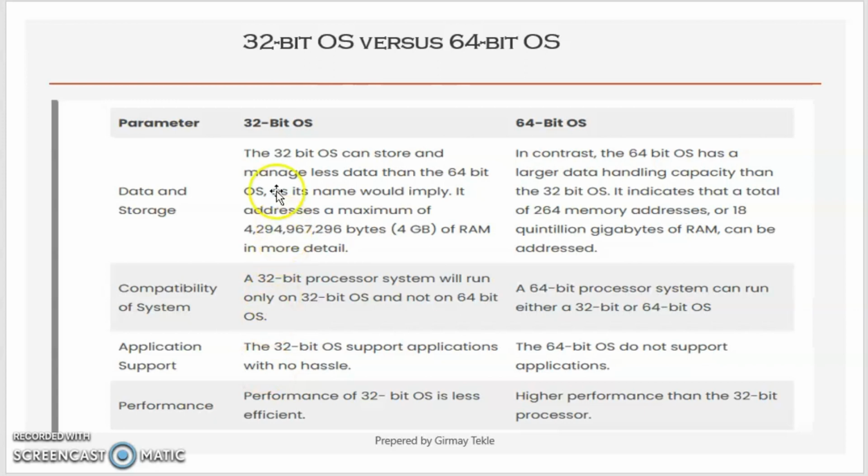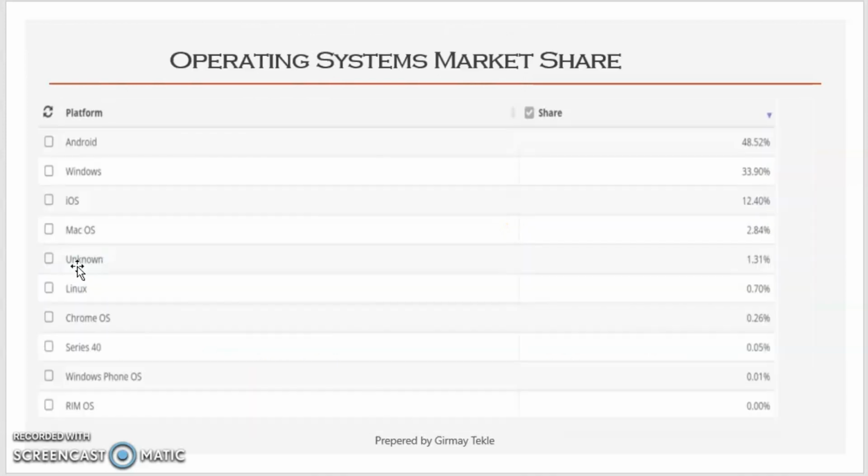Already you know that a 32-bit operating system can store and manage less data than a 64-bit one, whereas 64-bit is used to store larger data than the 32-bit operating system, and the performance of a 32-bit operating system is less than that of a 64-bit operating system. You can see a number of issues in relation to both of these operating systems in general. You can see the stats on this one.